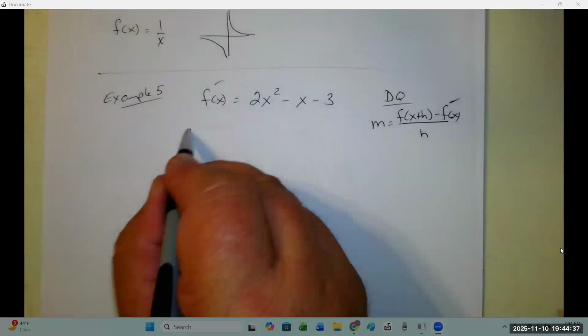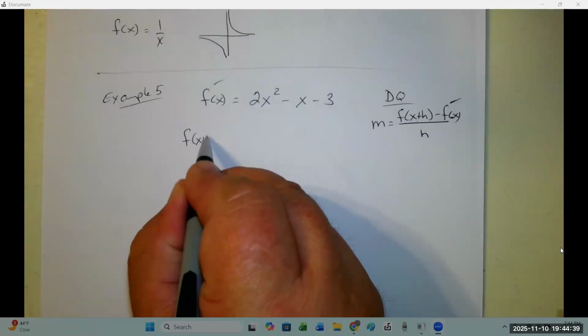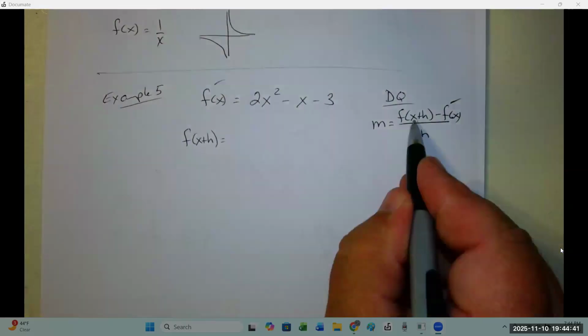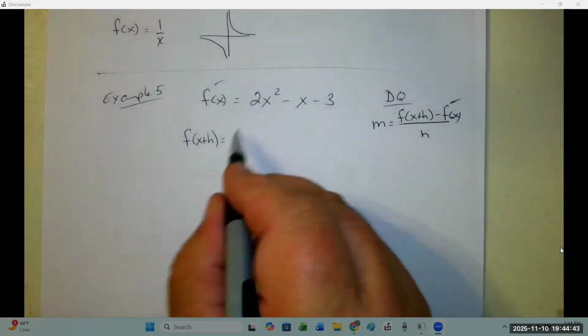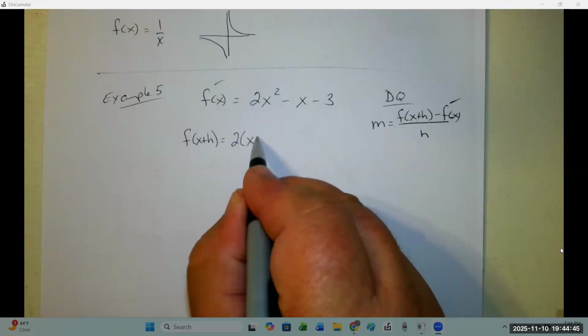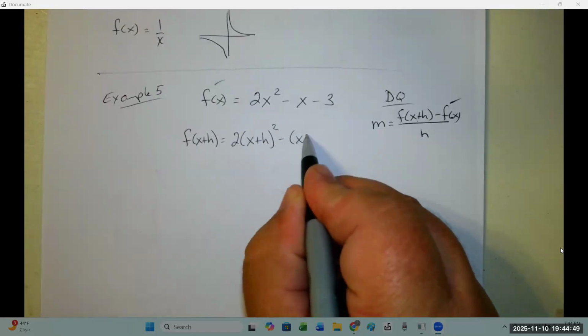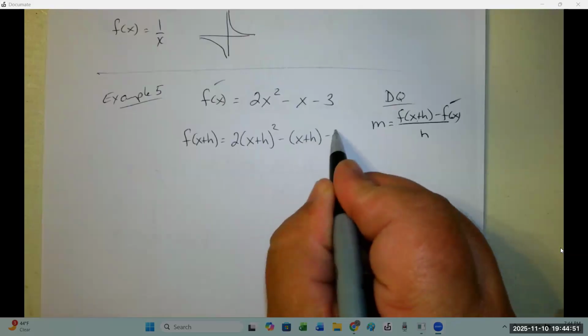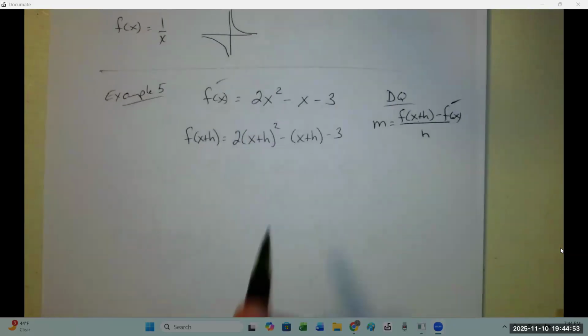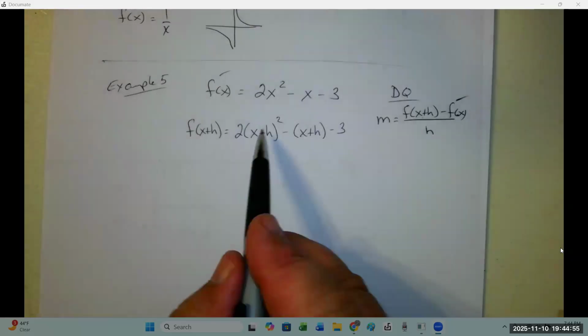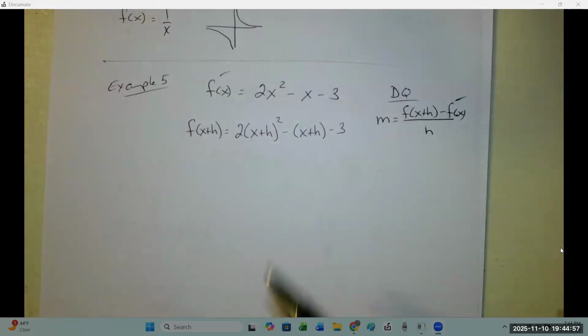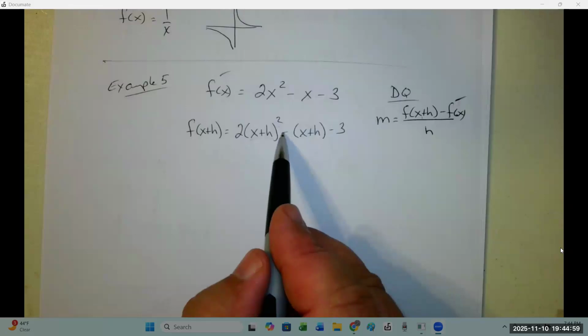We need f of x plus h for this first part. So anywhere we see an x, we put an x plus h, and put them in parentheses because this one here has to be squared, and this one here is after a minus sign.